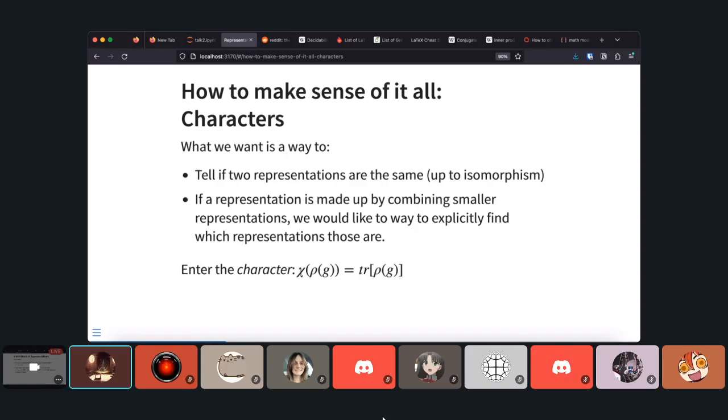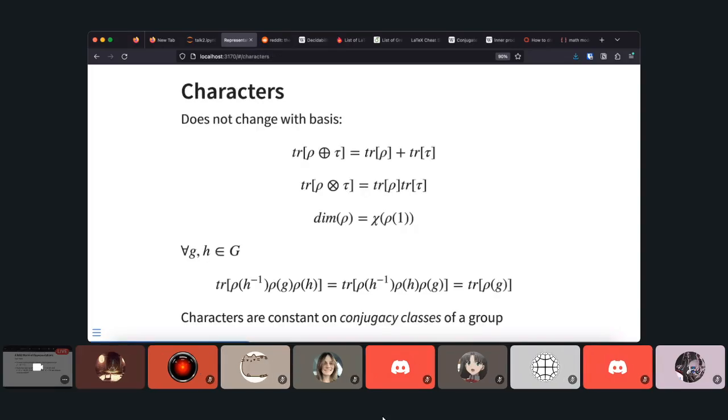So the character is a map from the group, like an element of the group and the representation. It's a map for that pair. I really should have said this explicitly.